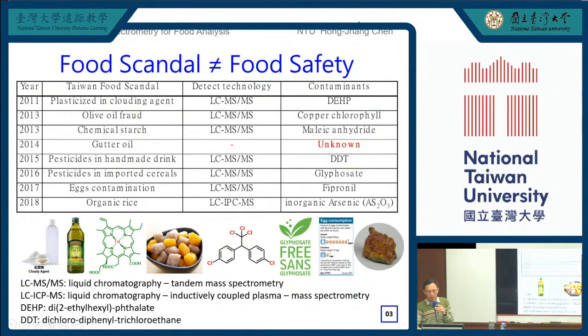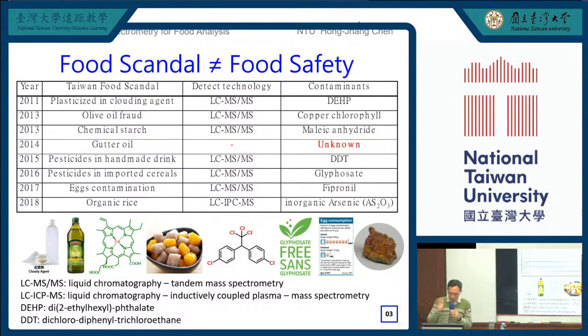In fact, we worry about inorganic arsenic. It's toxic, okay? But we can also use LC-ICP-MS to detect that. Whatever, you can see many MS terms used to detect food contaminants, right?